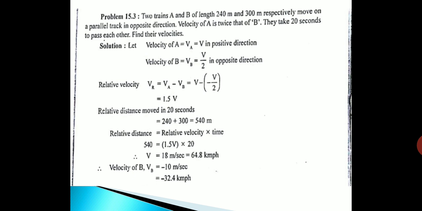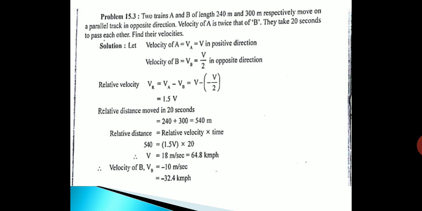Therefore the relative velocity with respect to B is VA minus VB, which is equal to V minus of minus V by 2. Now how has that V by 2 come? Because in the statement it is given that the velocity of A is twice that of B, that is, 2 into VB is equal to VA.